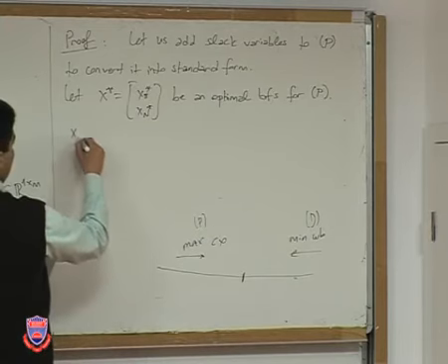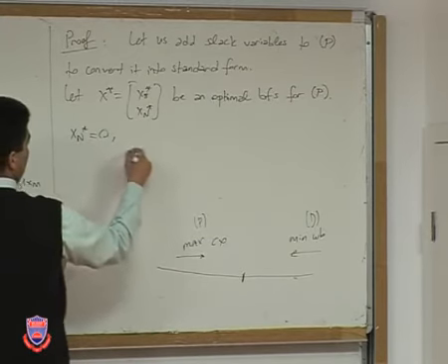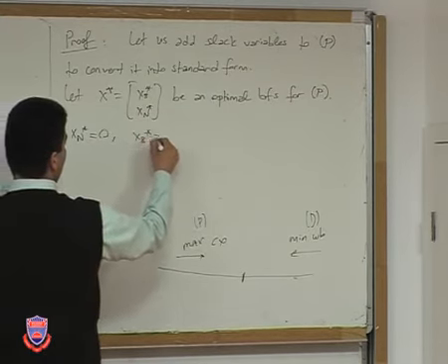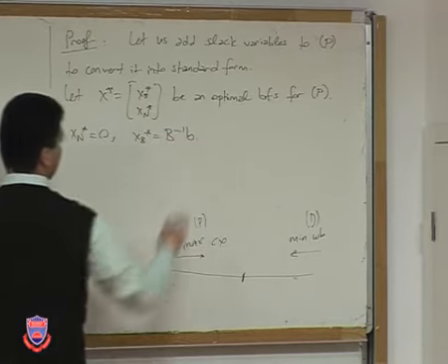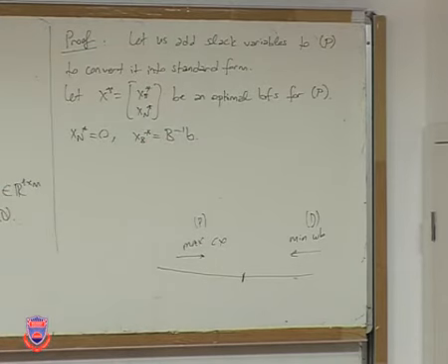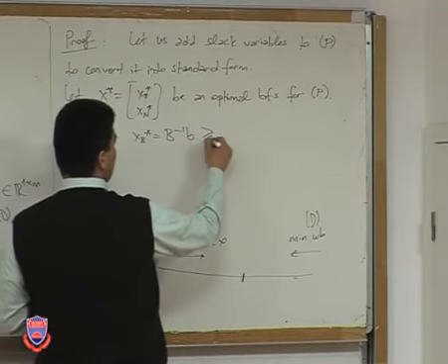So we know that xn star is necessarily equal to 0, and xp star is given by B inverse times little b. Okay, so that comes from the definition of a basic solution. And of course, by feasibility, B inverse b should be non-negative, right?